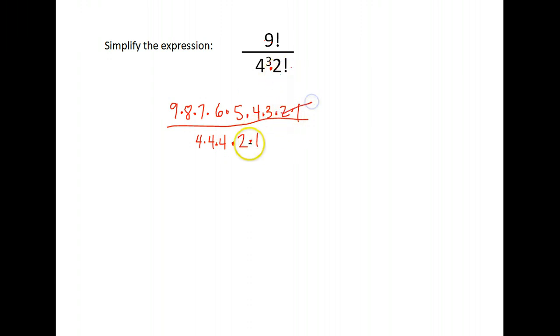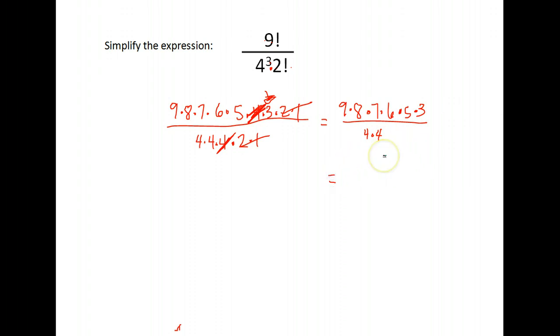Okay, we can cancel the 2 times 1 and the 2 times 1. We can cancel a 4 here, and we can cancel a 4 here. Now, you could reduce into your 8 more if you wanted to, but I'm just going to leave it. So on the top, I have 9, 8 times 5, and don't forget that 3 that was also left there. We're going to divide that by our 4 times 4 that was remaining in the bottom.